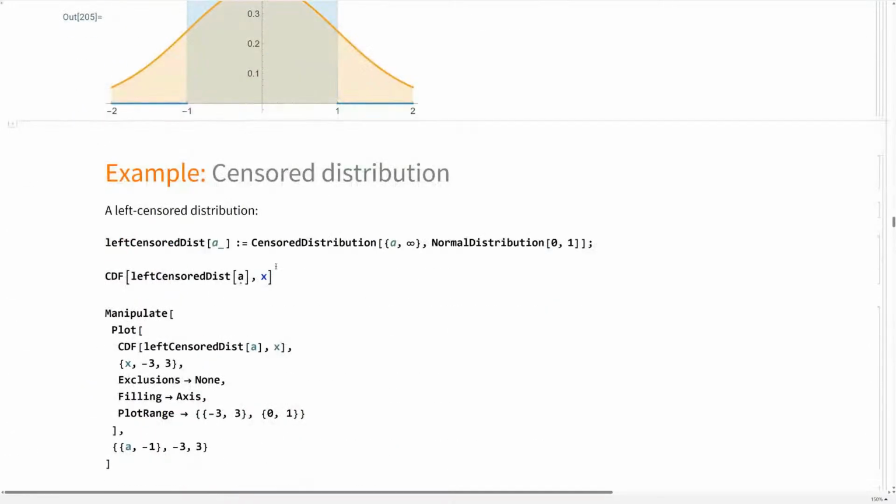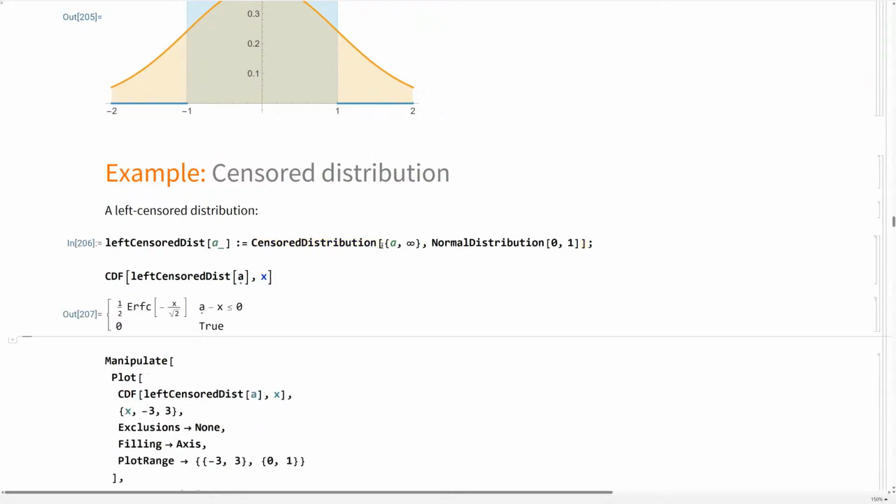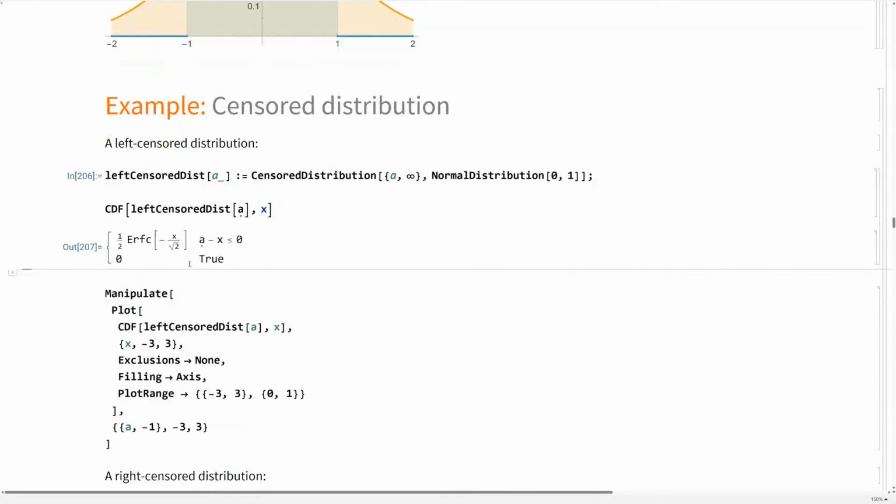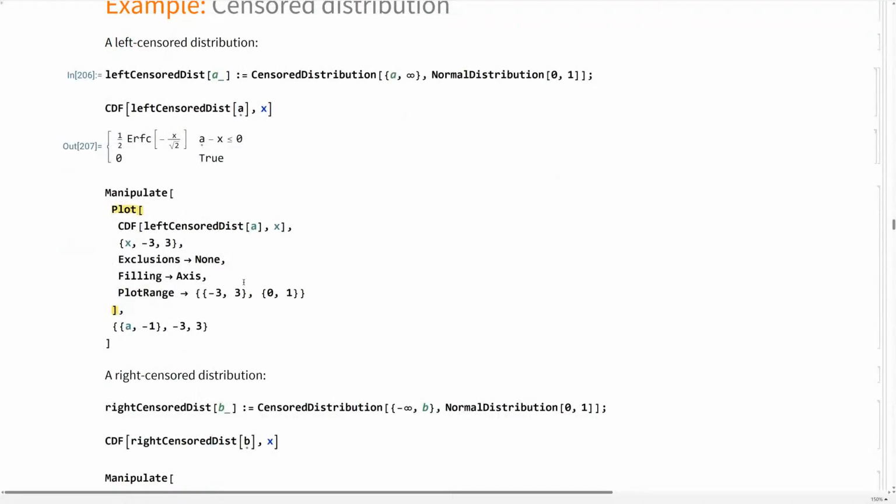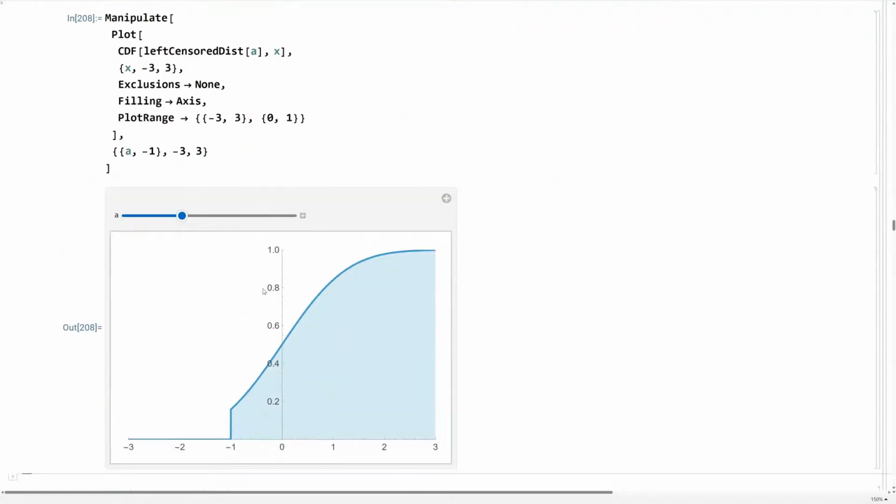And we have a similar distribution called censored distribution, which I'll show, a left censored distribution first. And as we can see here, it's not smashing into one range. It just cuts off the left side of it, the left side as how we want it.